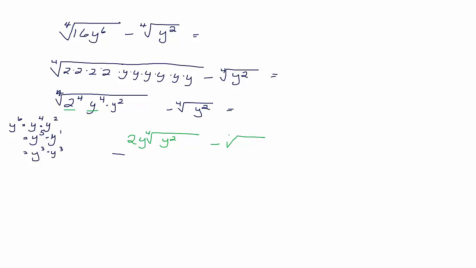And that's why I changed it. But we can't really do anything with that anyway, so I shouldn't have changed it. So this is in simplest terms because I can't subtract the y. Because if this was 2 to the fourth y squared minus y to the fourth y squared, if that y wasn't there, then we could simplify it further.